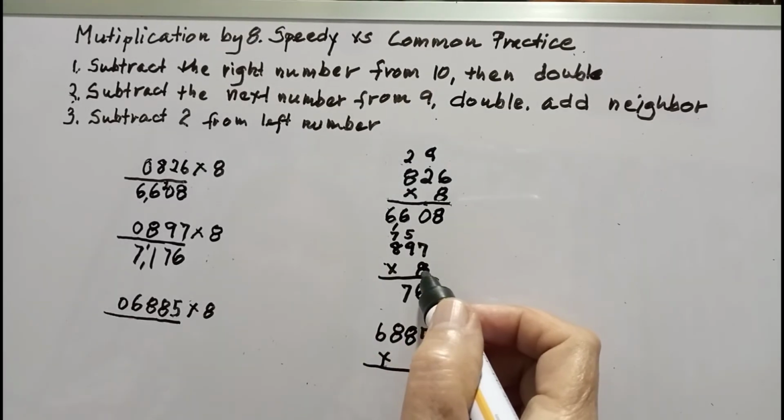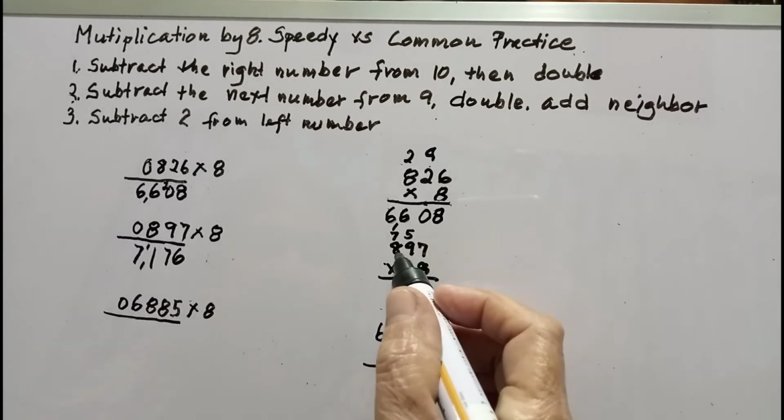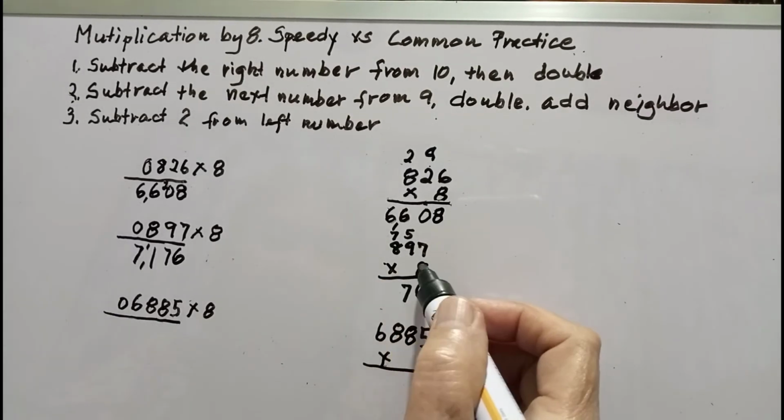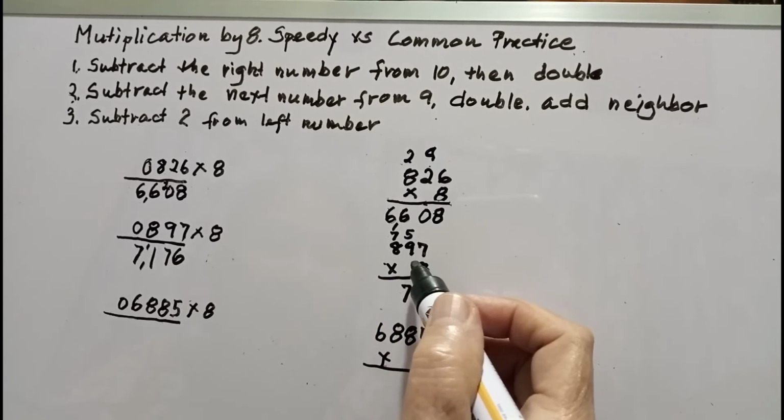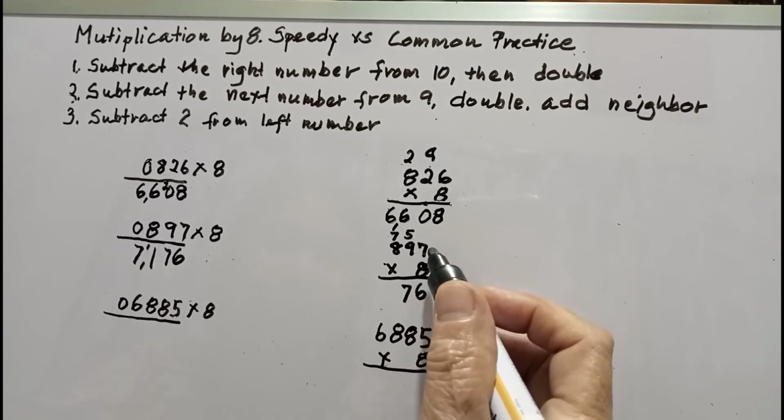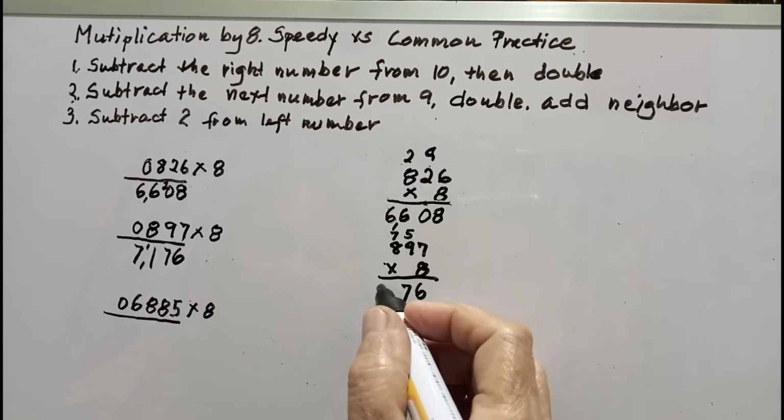Then 8 times 8 equals 64 plus 7. Now 64 plus 7, sometimes it takes you several seconds to add 64 and 7, which is 71.